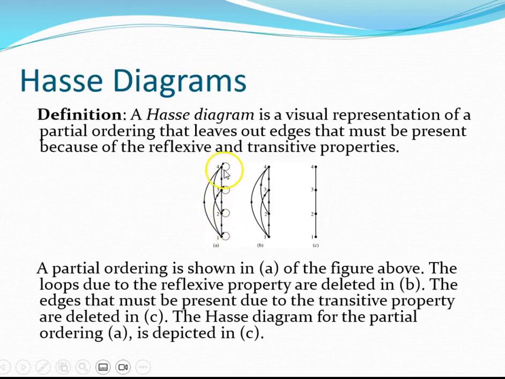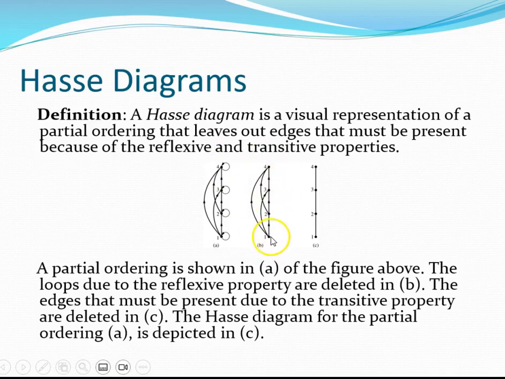And you see that at any vertex there is a loop. This is because the poset has a relation that is reflexive. In B, all those loops are missing.